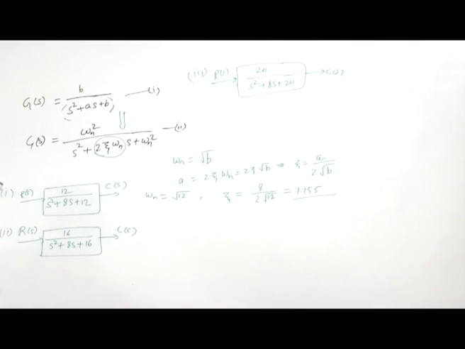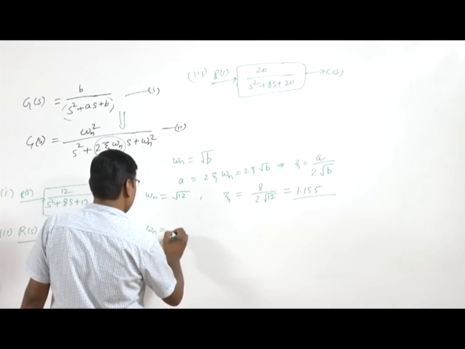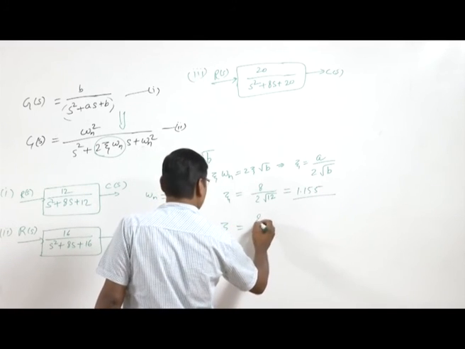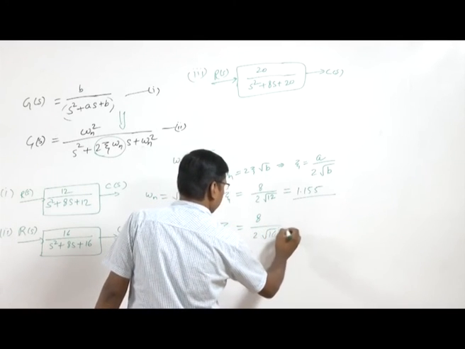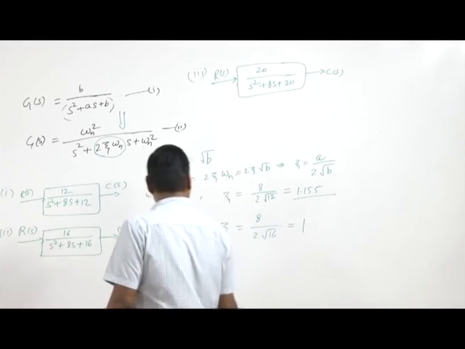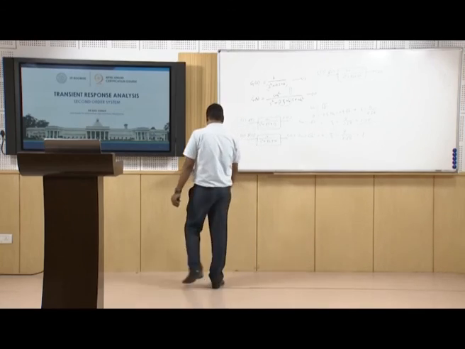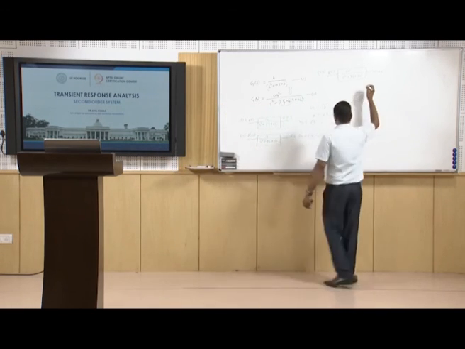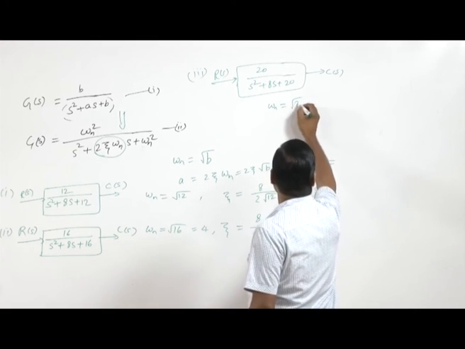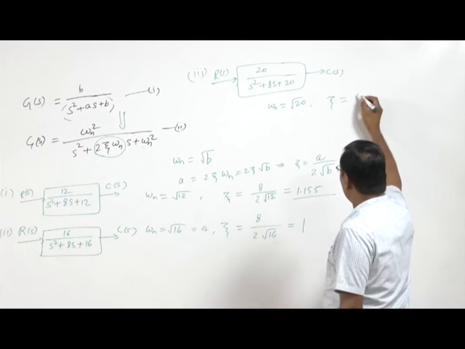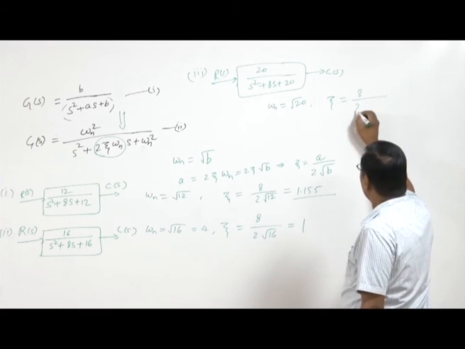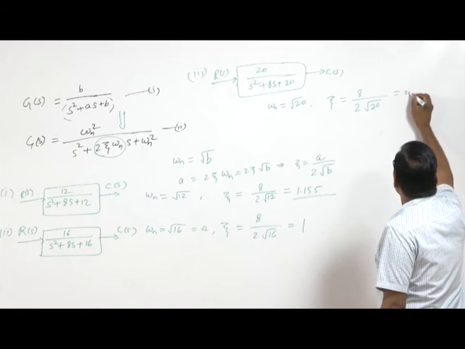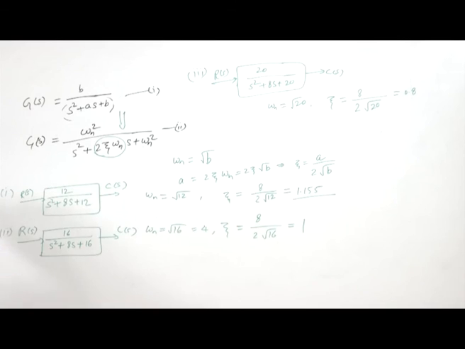For the second case we get omega n equal to root 16 and damping equal to 8 by 2 root 16, equal to 1. And for the third case we have omega n equal to root 20 and damping equal to 8 by 2 root 20, that is 0.894.